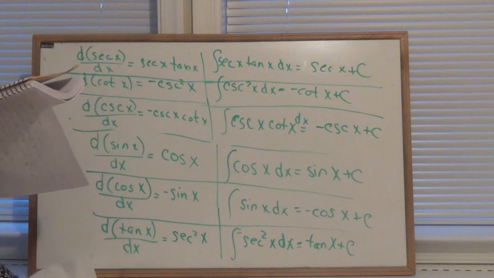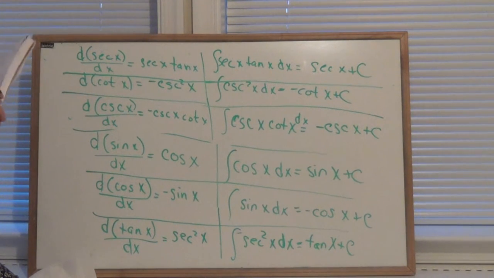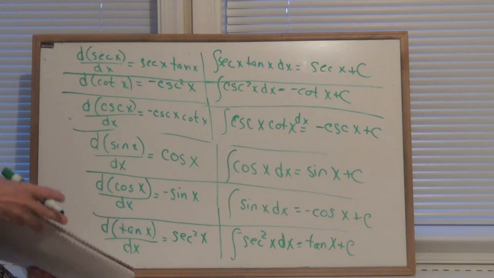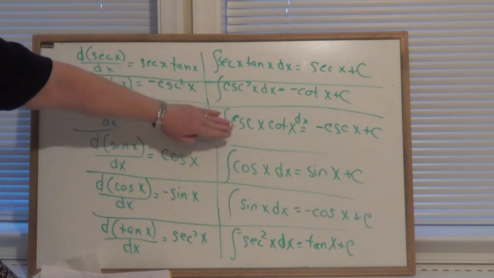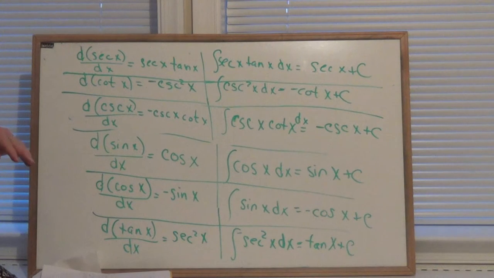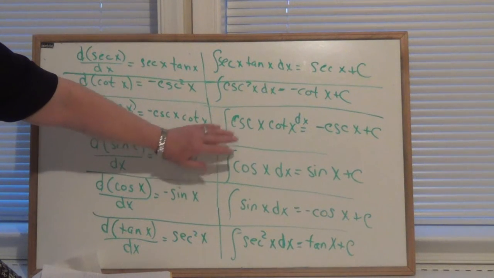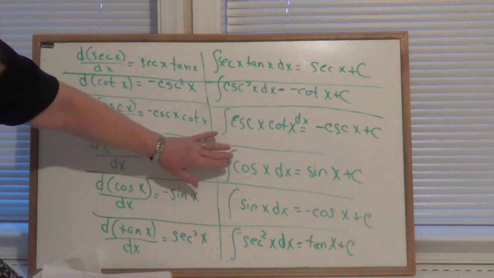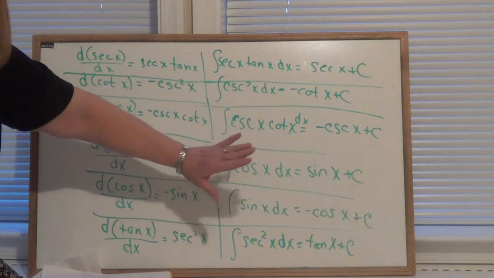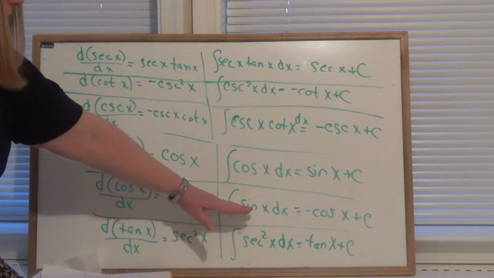So I just want to point out before I go on and give you some problems to do, that these integrals are very restrictive. The only thing you can do right now is take the integral of the cosine of x, and it looks just like that. If it says cosine of 3x, no go. So it's got to look just like this.